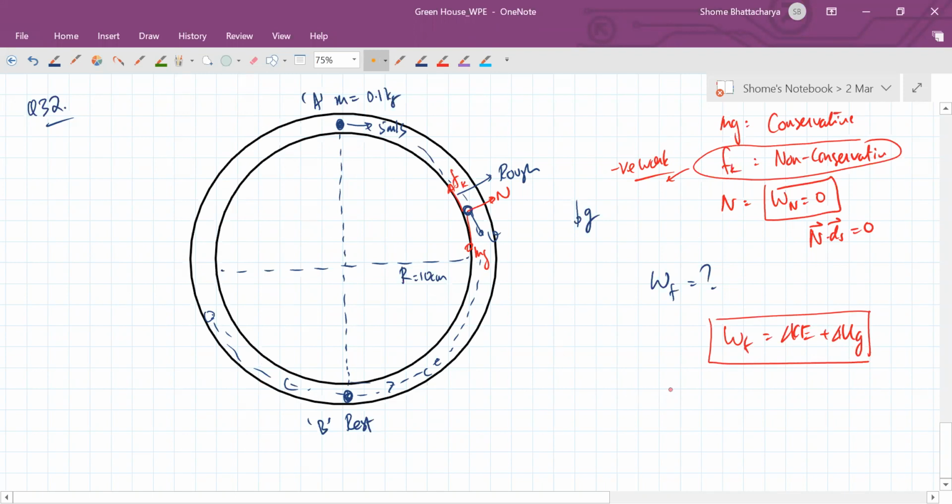Okay. So from A to B, you can see the total work done by friction will become minus half m v naught square minus mgh, where h is this total height and this speed is v naught.